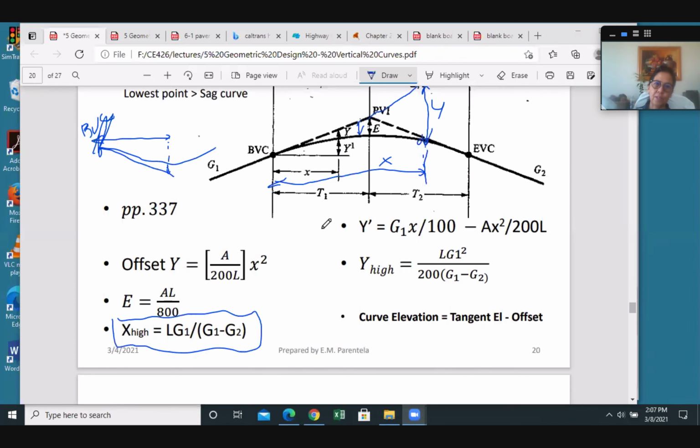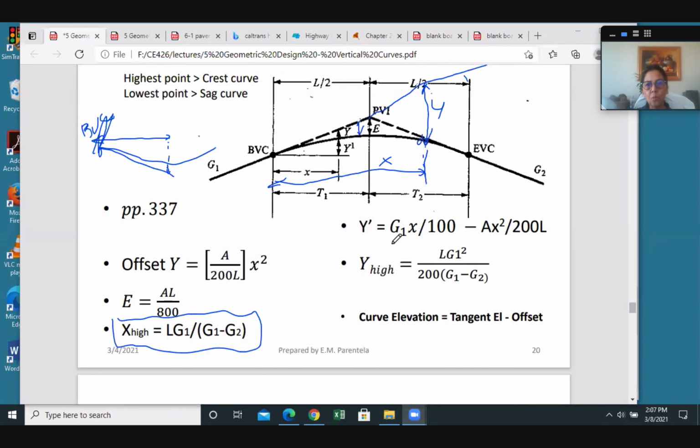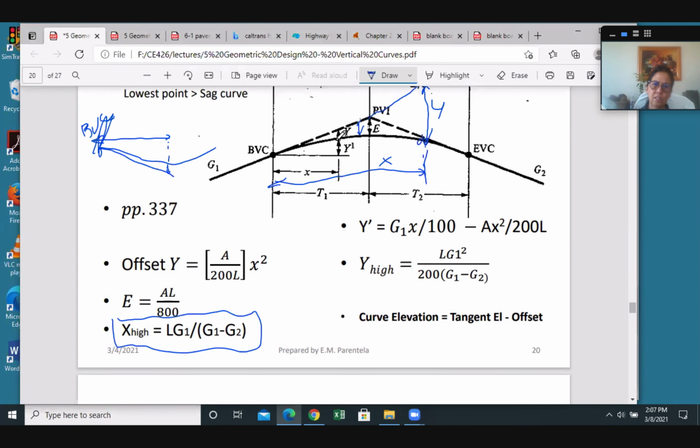So that's how you'll find x. And then the y prime here is simply this one value here, and that's equal to G1x over 100 minus Ax squared over 200L. Okay, you'll need this to determine the elevation on the curve.